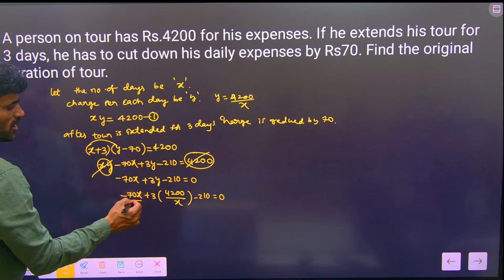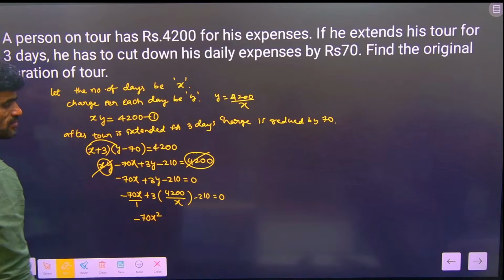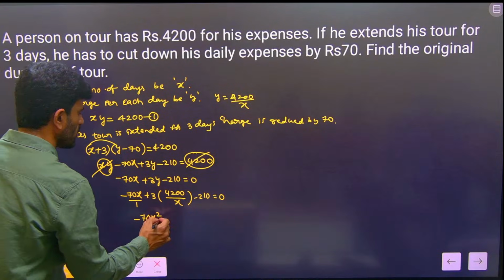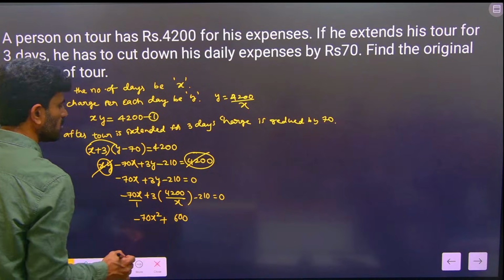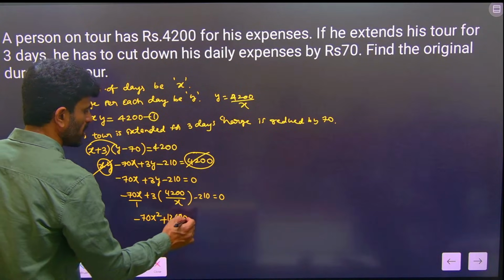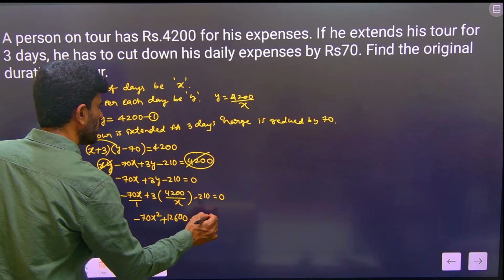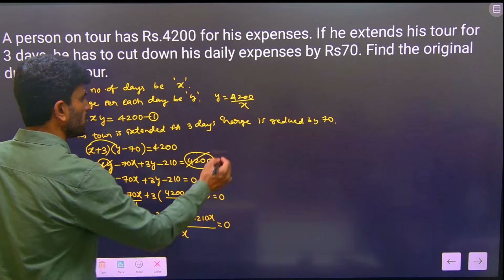Now we take LCM again like before. Because x is not there, we should multiply x here. Minus 70 x square. 42 threes, 12,600. X is there already, no need to multiply. Minus 210x whole divided by x is equal to 0. And what happens?